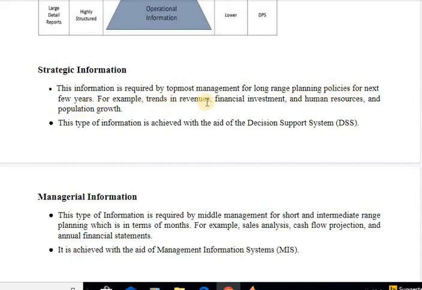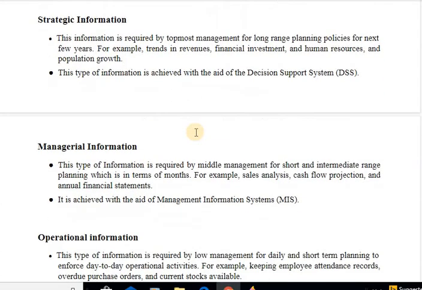For example, trends in the revenues, financial investments, human resources and population growth, etc. These are examples in terms of business management, and they should make strategic information clearer. This type of information is achieved with the help of decision support systems.